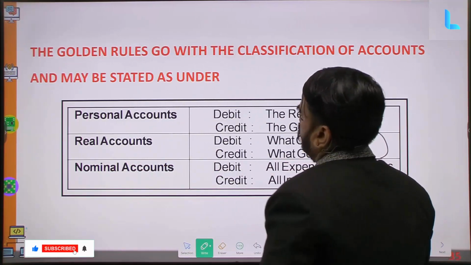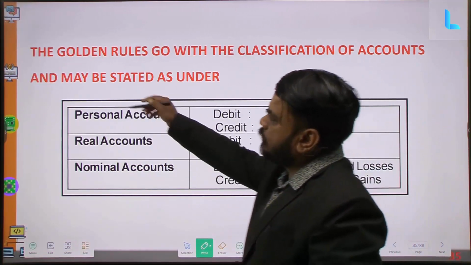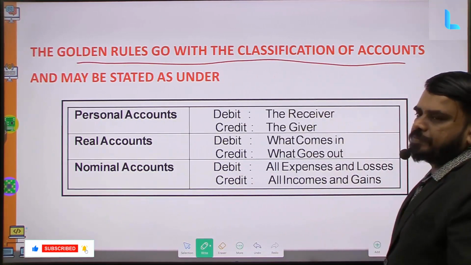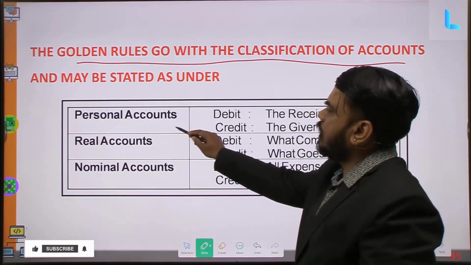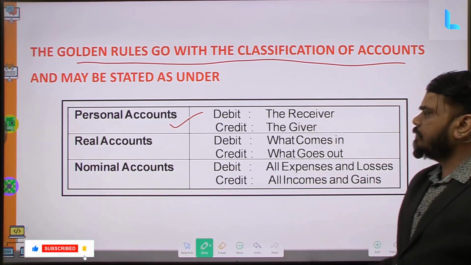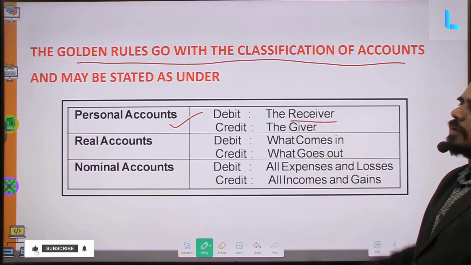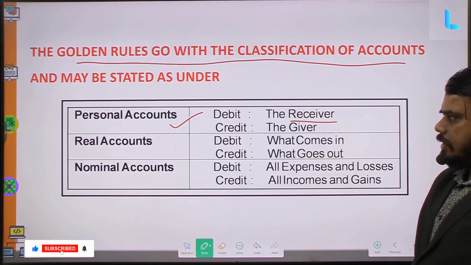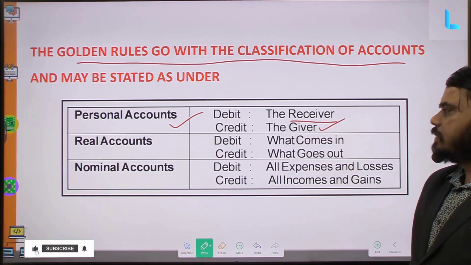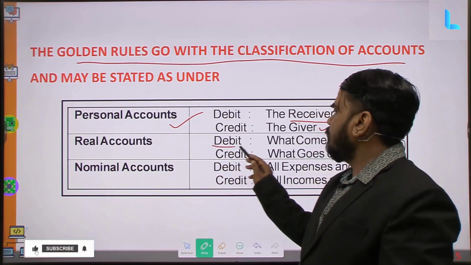Let's discuss this one more time. See, as I said, this is nothing but the golden rules of debit and credit. So in case of personal accounts, debit means what? Yes, we have to debit the receiver. In personal accounts, credit which account? The giver. Similarly in real accounts, what we have to debit?